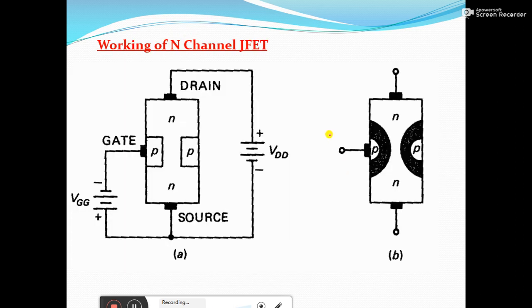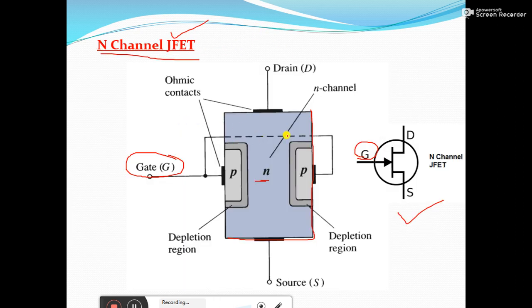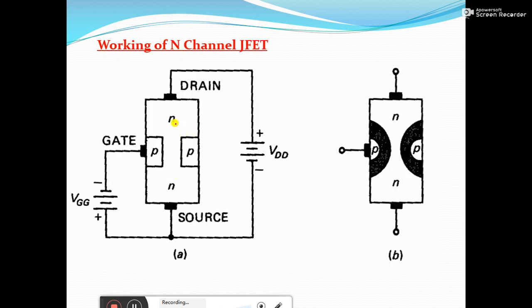Now let's see the working of the N-channel JFET. As we have seen in the construction, the channel was formed by N type material. An N type slab is taken, two heavily doped P type materials are diffused at the other ends, and they are internally shorted, and a common terminal is brought out, which is the gate. While studying the working of the N-channel JFET, the first point to note is that the gate to source region should always be reverse biased.